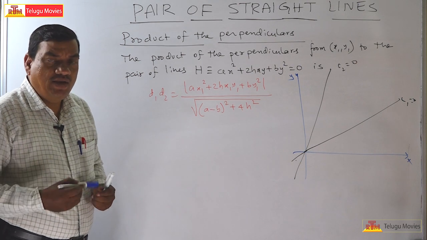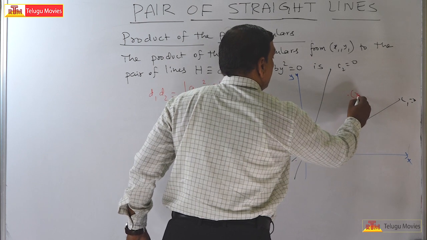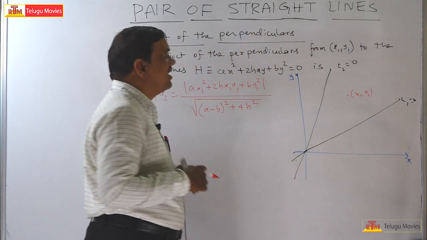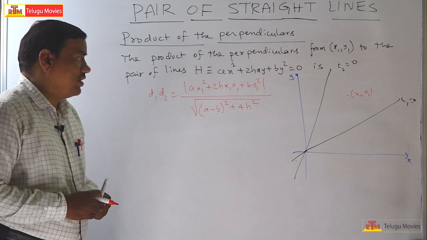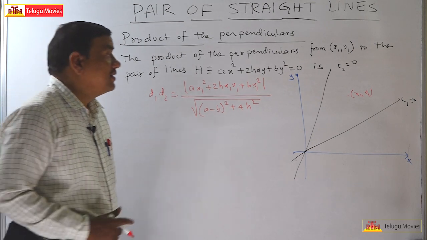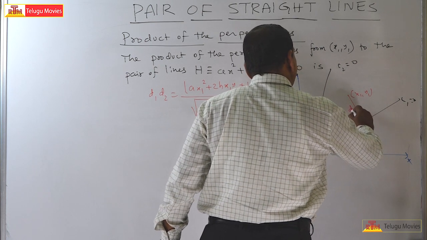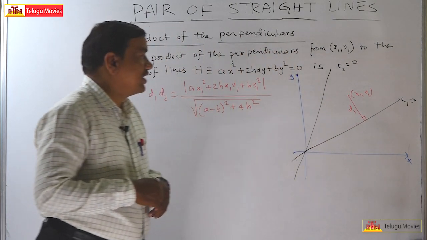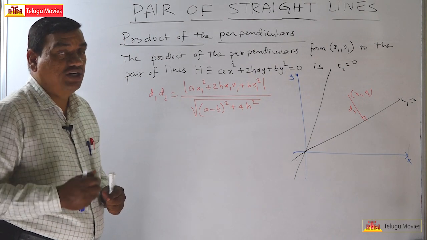Let us take any one point, x1 comma y1, in the plane containing L1 and L2. Let the perpendicular distance from the point x1 comma y1 to the first line be d1.